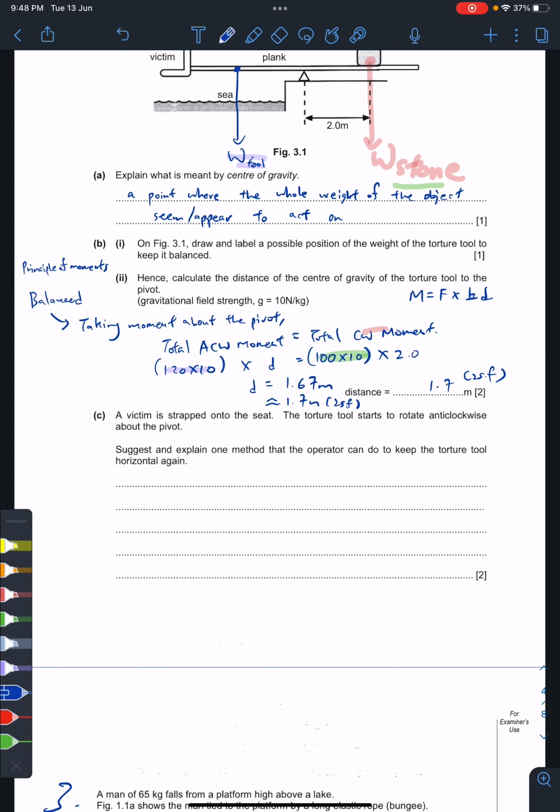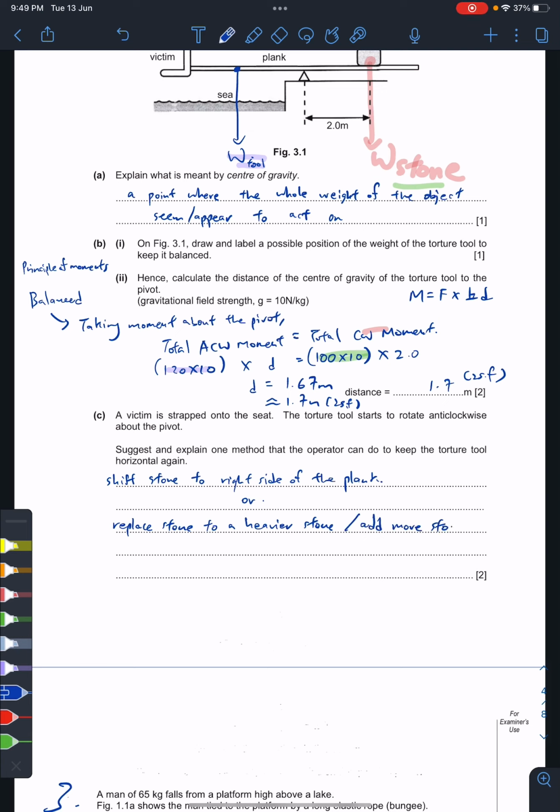You can either shift the stone to the right side of the plank, or you can change your stone to a heavier stone, or add more stone.